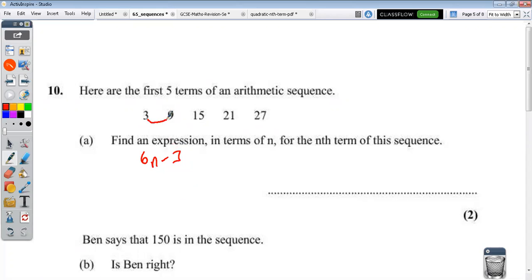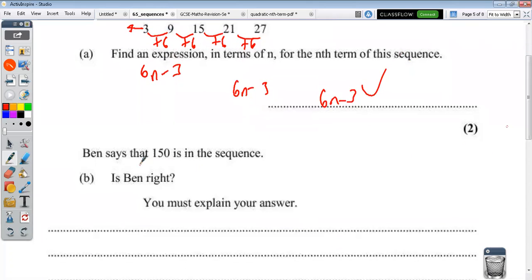Anyway, so there I'm adding 6. You can check with the calculator. There I'm adding plus 6. So it's a 6n multiplication table. Then I think of the number before this, which is correct. I subtract 6 there, I get a minus. So 6n minus 3, correct, clear?